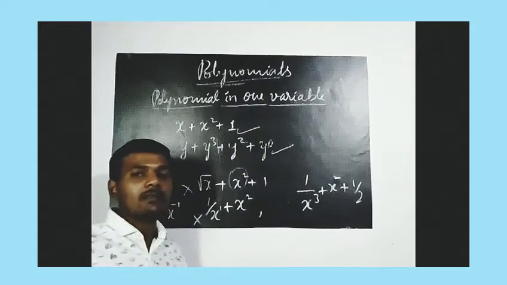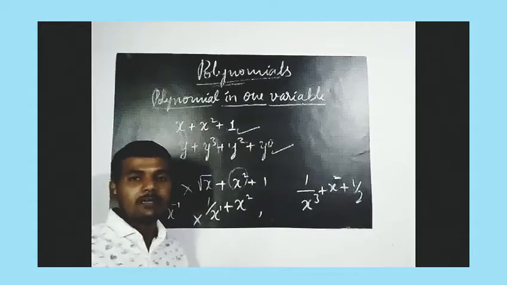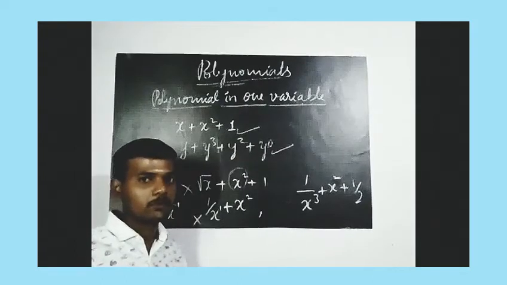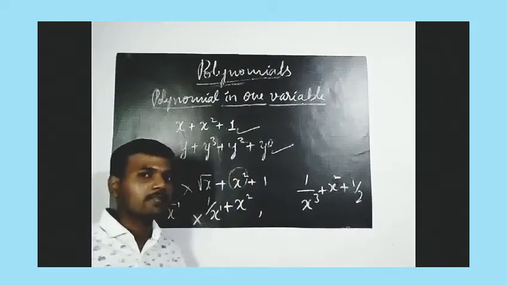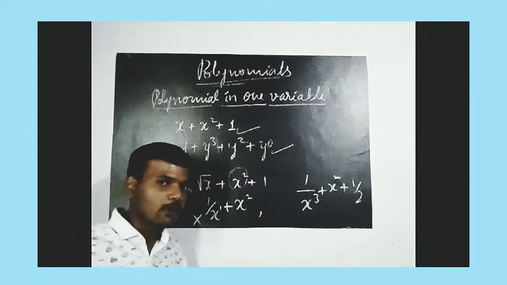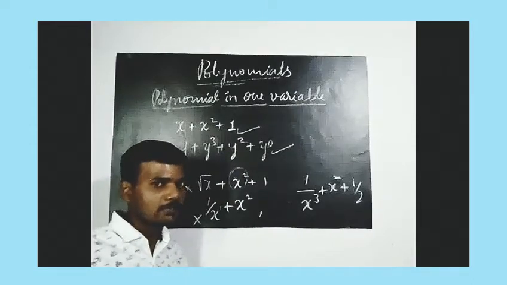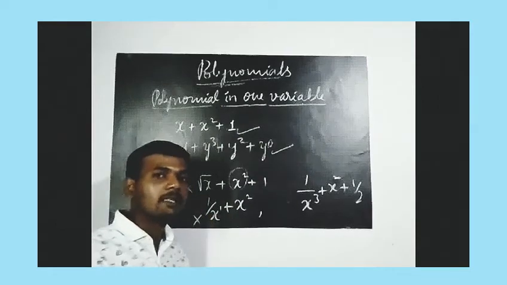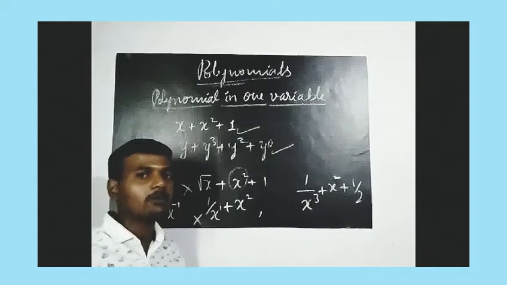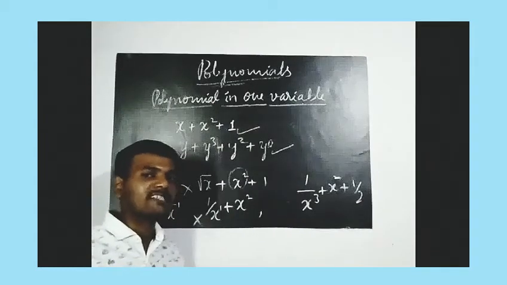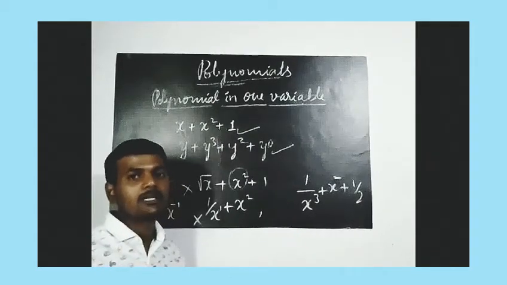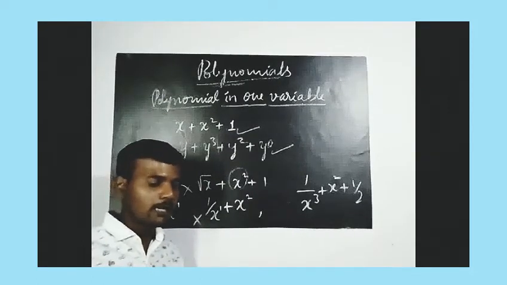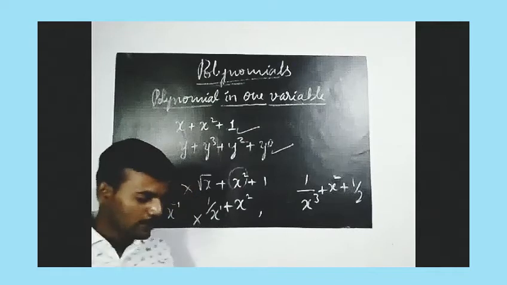If the variables are in the denominator, they are also not polynomials. If their exponents become negative, they are not polynomials. If their exponents become rational, those are also not polynomials. Have you understood? Okay, next.